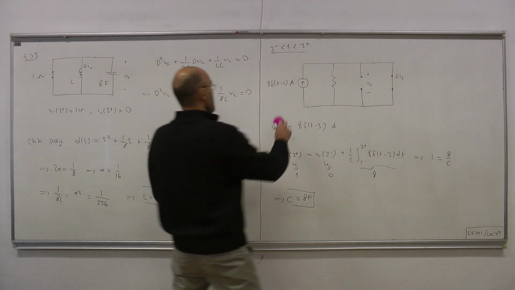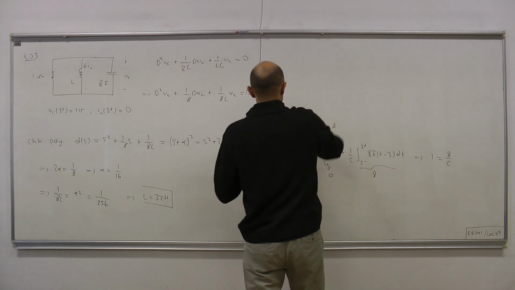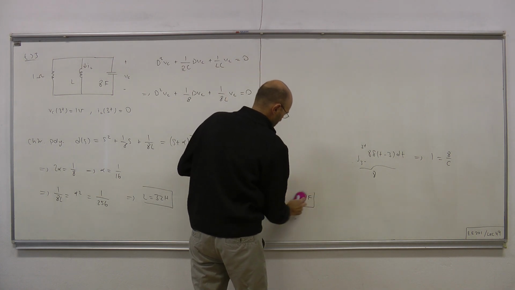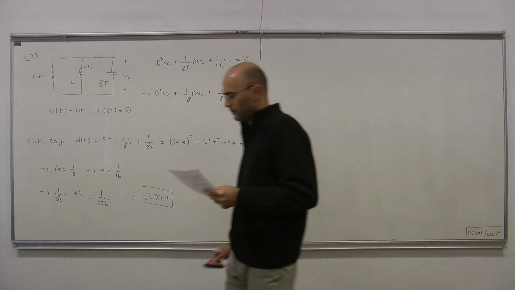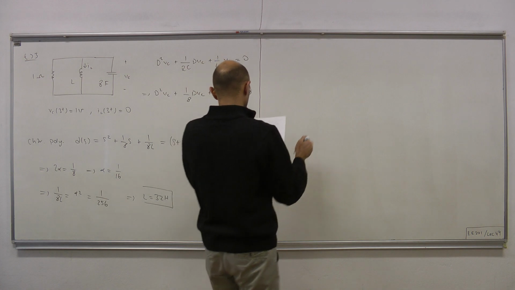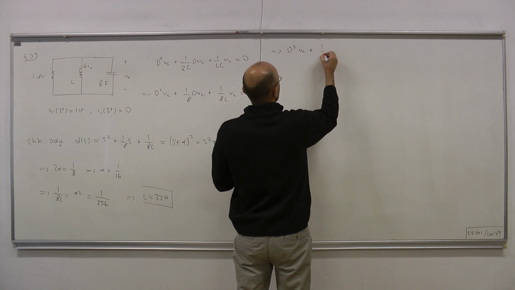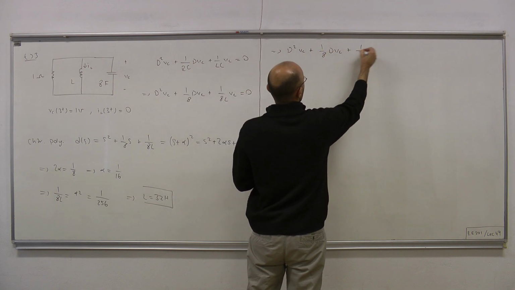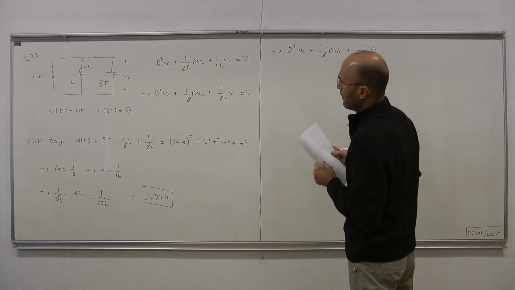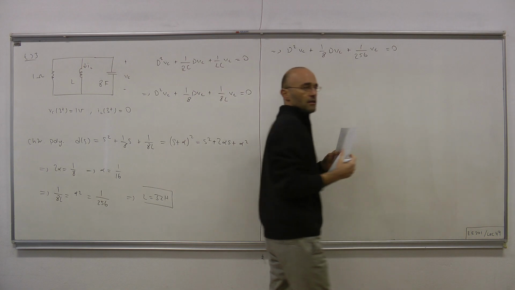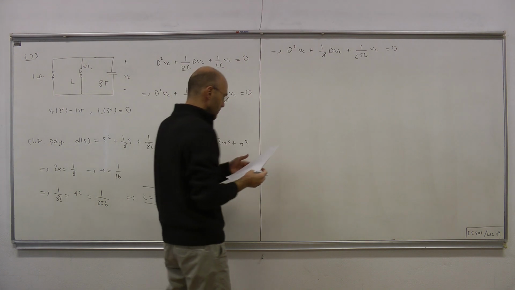Therefore, let's write down the solution. d squared Vc plus 1 over 8 dVc plus 1 over 256 Vc equals 0. So that's the differential equation describing the evolution of capacitor voltage.